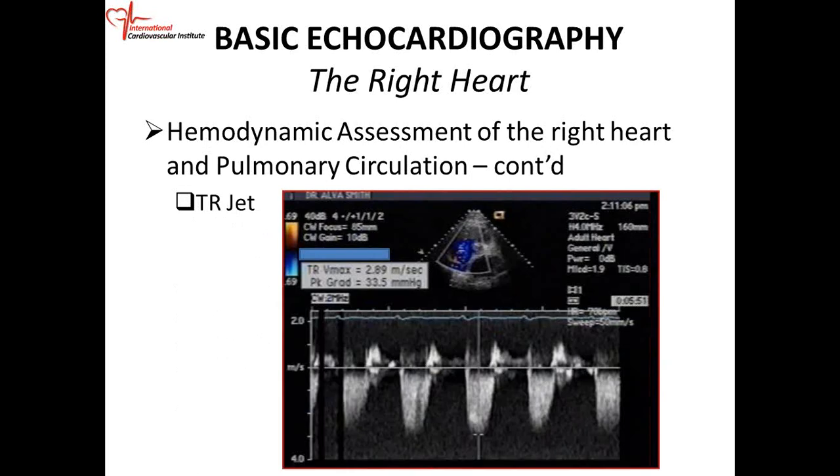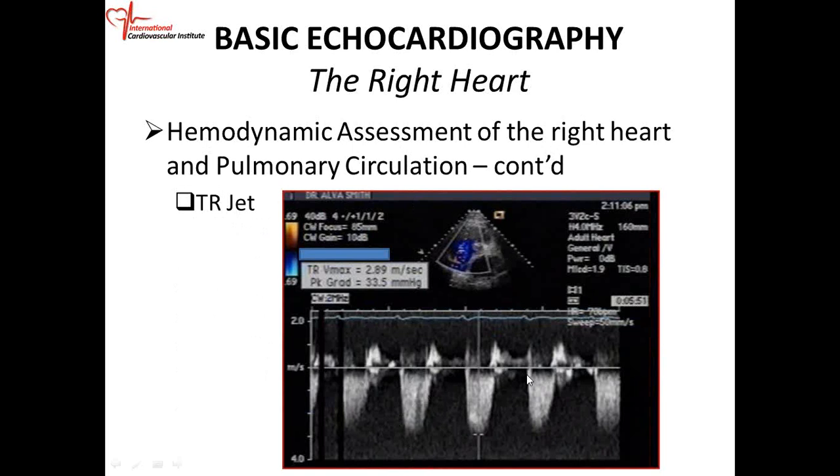So when you look at your TR jet, this is a short axis at the level of the aorta. Your cursor is across the tricuspid valve, and you have tricuspid regurgitation. Blood is flowing from the RV across the tricuspid valve into the right atrium. It's moving away from the transducer, so it's below the baseline, and it's systolic flow.